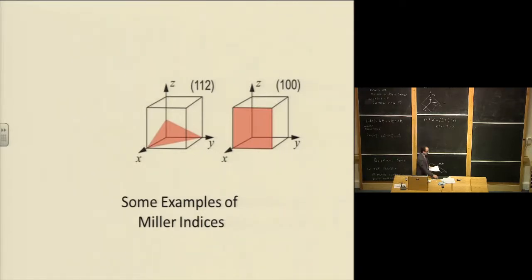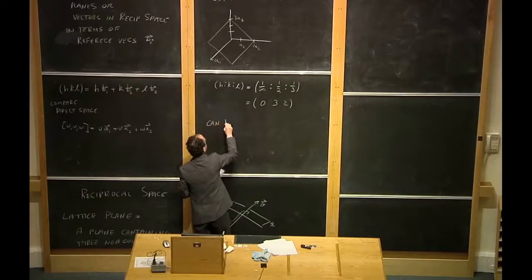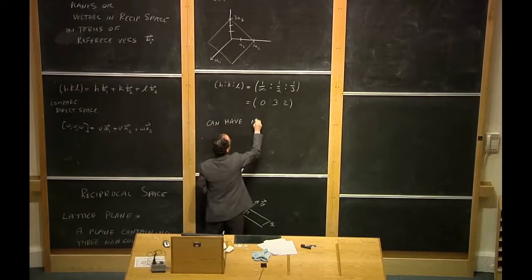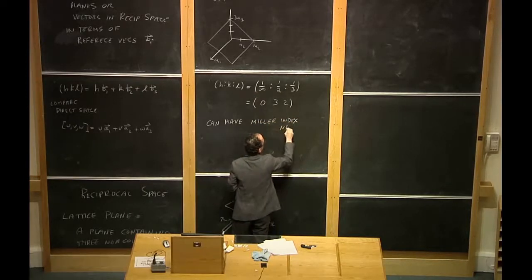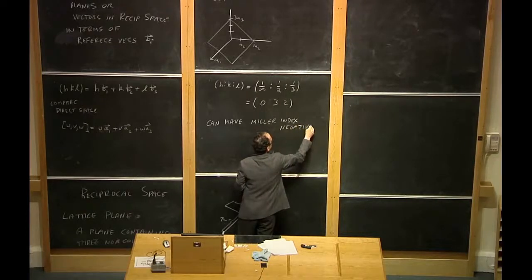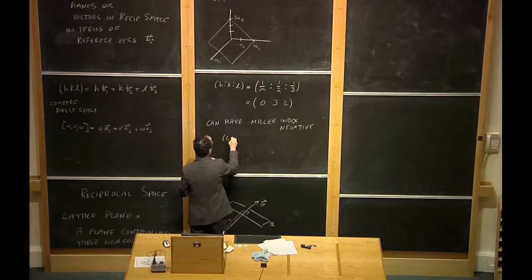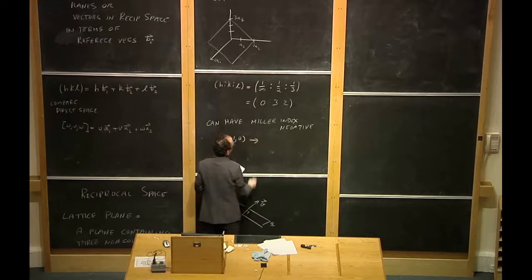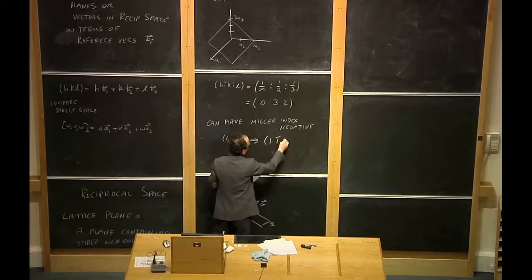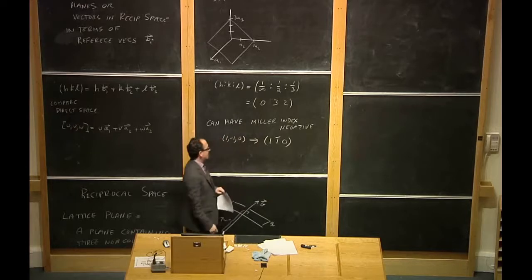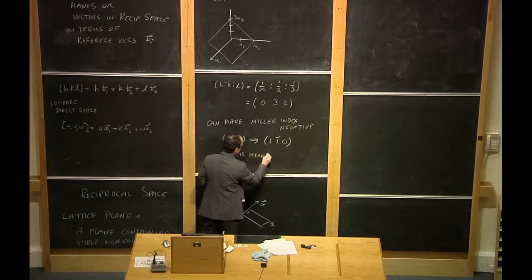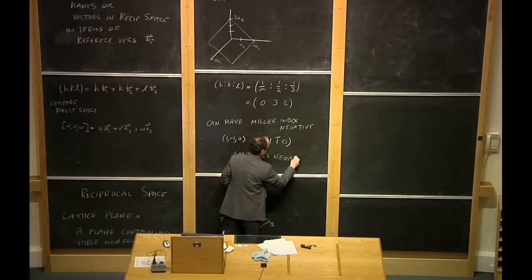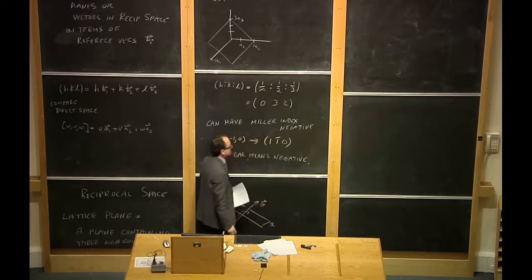So you can have a Miller index that is negative, like 1, minus 1, 0, which you typically write as 1 with a bar over it, 0. Okay, so the bar means negative. That's just the notation that's conventionally used.